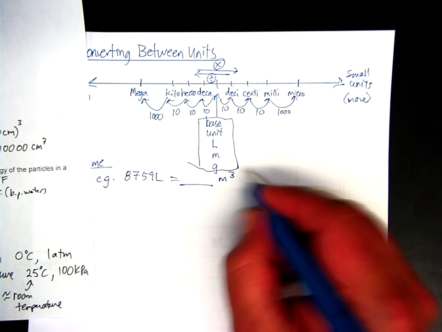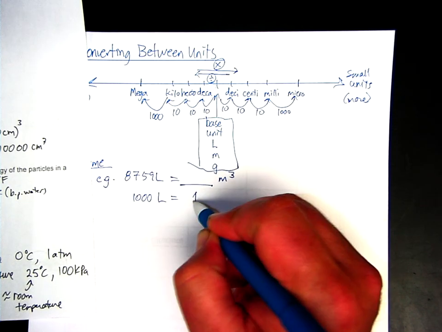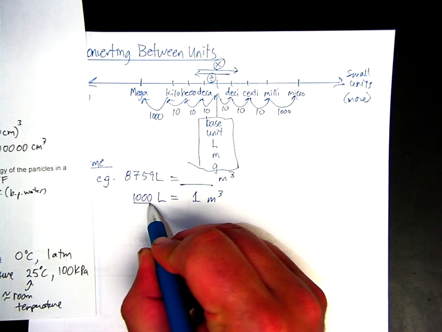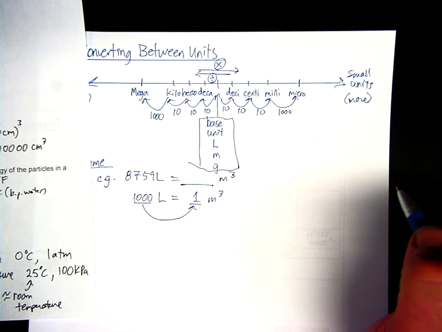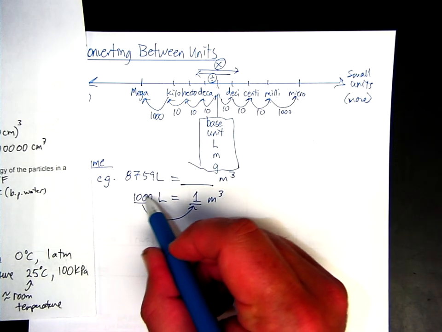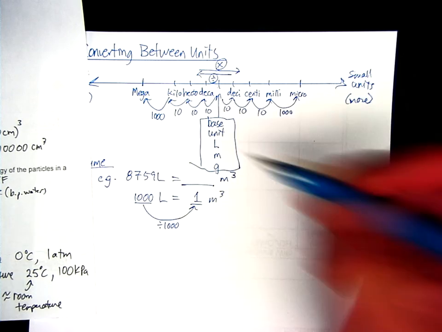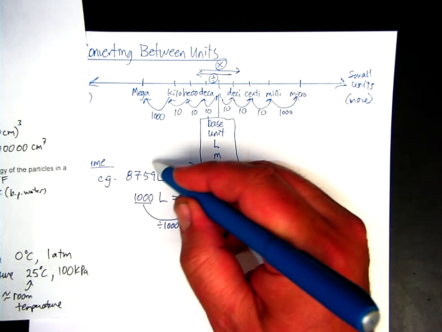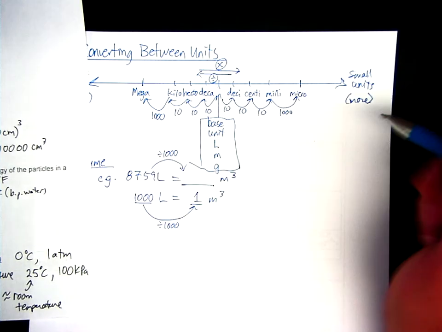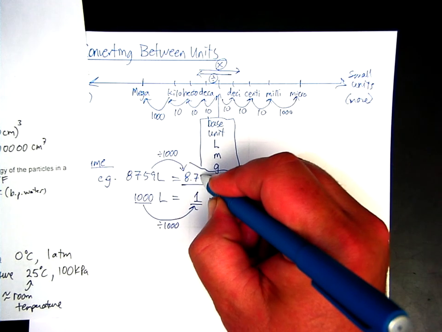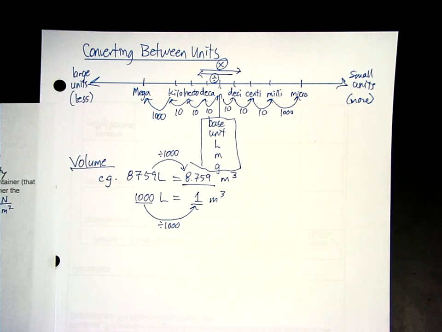If I know that conversion, I usually line up the conversion just below it and try to see what happened. What do I have to do to this number to get that number so that I'll be in a new unit? I realize I'm going from a large number to a small, so I am going to divide by 1,000 here. If I do that with the units, I will also do that with the actual measurement I need. So I'm going to divide by 1,000. So 8.759 meters cubed. Fairly straightforward.